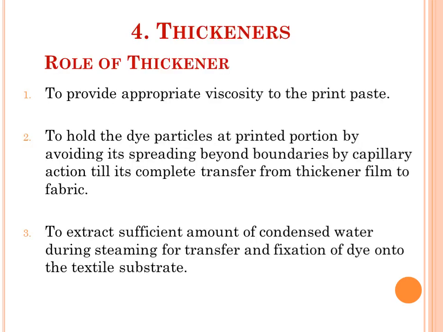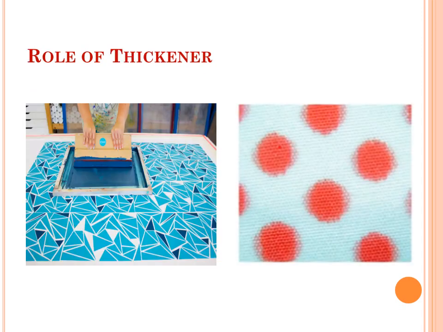Now the next ingredient is thickener. Friends, let us try to understand the role of thickener with the help of these two images. In the first image, a two color design is getting printed. Light blue and dark blue colors are being printed on the fabric by using screen printing technique. In the screen, blue printing paste is there, so we can see that appropriate viscosity is there so that dye spreading is not occurring.